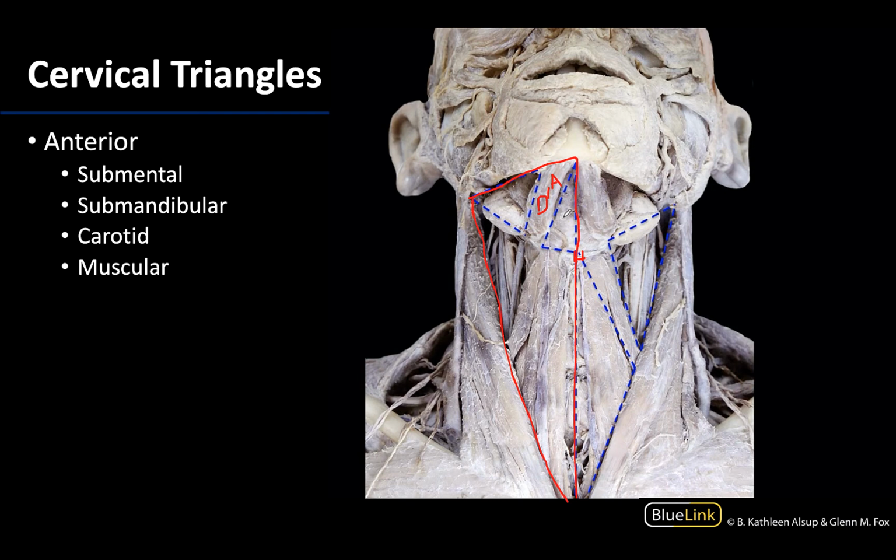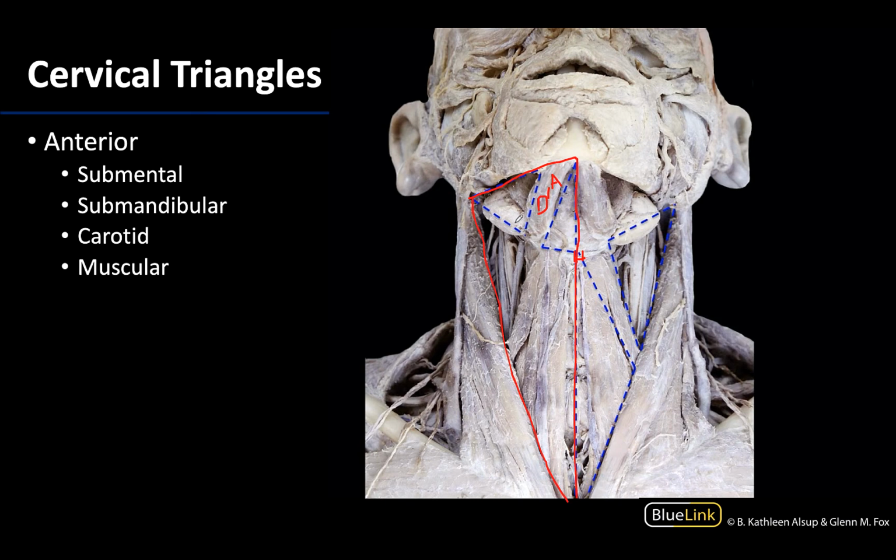Lateral to the submental triangle is the submandibular triangle, which is sometimes called the digastric triangle because both bellies of the digastric muscle, so the anterior, which we already showed here, as well as the posterior bellies form the inferior boundaries.